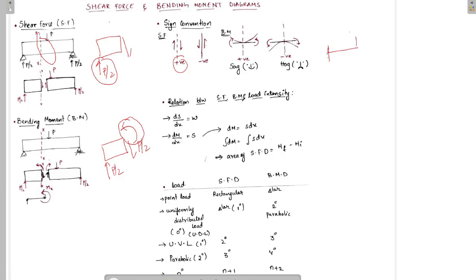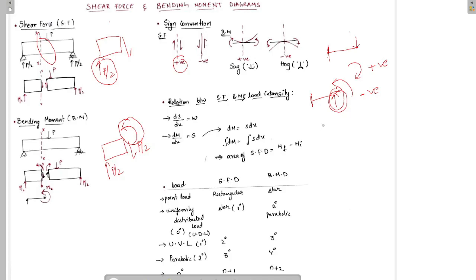If the given load generates a clockwise moment, then that shear force is considered as positive. If that load generates an anti-clockwise moment, then it is considered negative. So, if you consider this load, this is generating an anti-clockwise moment. So, this load is considered as negative shear force.